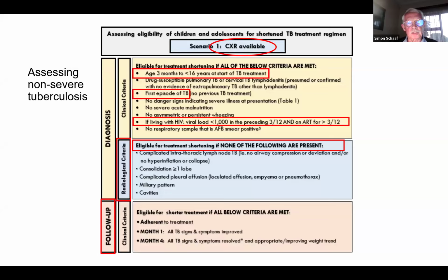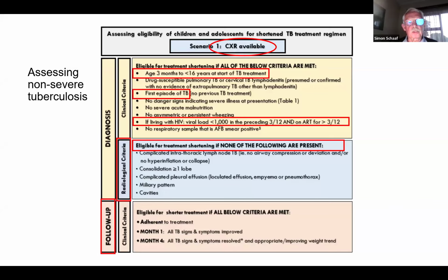So even if there is more than one area of consolidation, if it's less than one lobe, that will still go as non-severe tuberculosis. Complicated pleural effusions will not be included in non-severe TB, but simple pleural effusion will be part of non-severe TB. And then miliary TB and any chest X-ray with cavities is severe tuberculosis, so it's not non-severe.